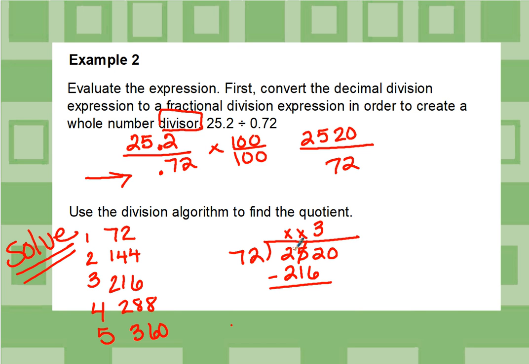I have to borrow in order to subtract. 12 take away 6 is 6, and 4 take away 1 is 3. We check. Is it smaller? Absolutely. Bring down my 0. 72 goes into 360 exactly 5 times. Good thing we went to the 5. And we subtract. And our answer then is 35.